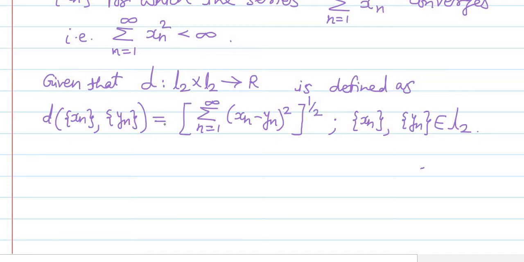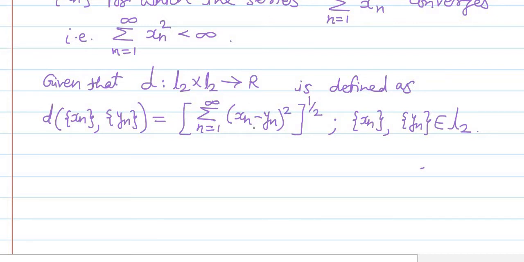The d function, by the definition, is the square root of summation over n equal to 1 to infinity of xn minus yn bracket square. This difference xn minus yn is a difference of real numbers, which is again a real number, and the square of a real number is never negative.